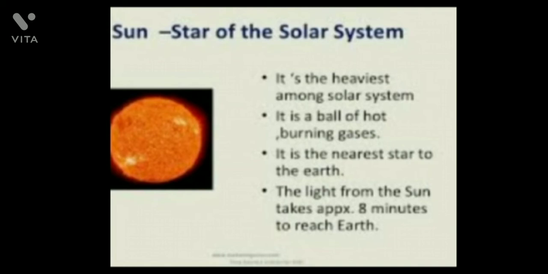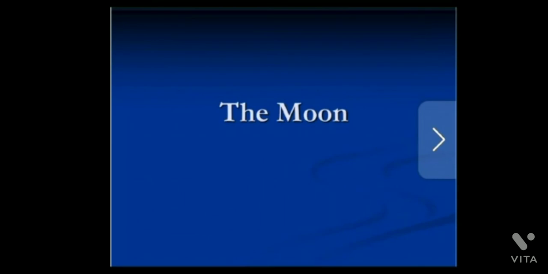It is total 8 minutes required. Okay, so what is the main source of sun's heat and light? The answer is the reaction in which hydrogen changes into helium gas that produces a lot of heat and light on the sun.